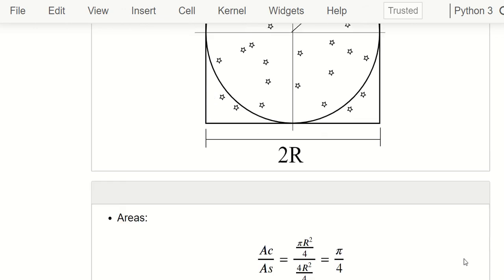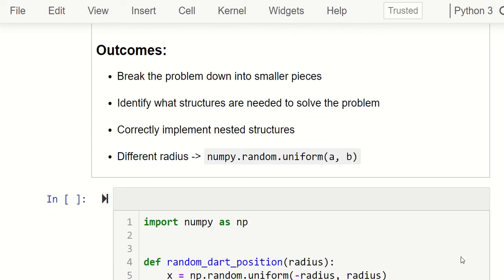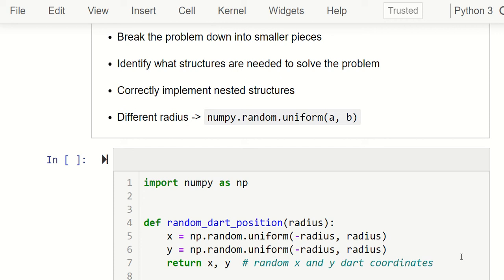So let's look at what we have here, what the author has done here. Of course he decided to call the function random_dart_position. It's just a name, you can call it anything, but that's what he has selected, and he's passing to his function just the radius of the circle, which is capital R in the example.